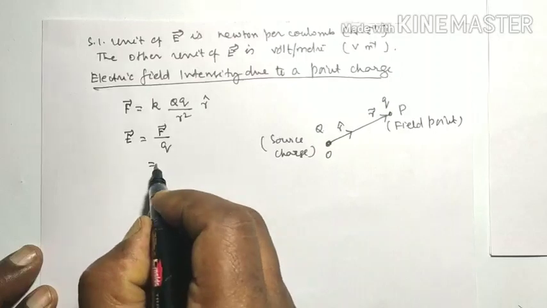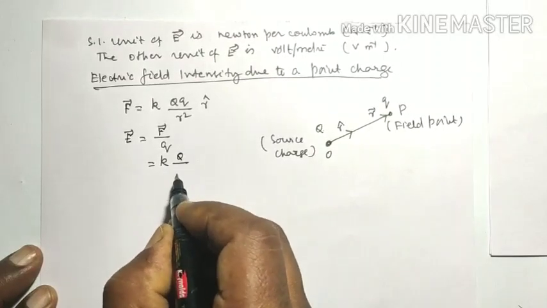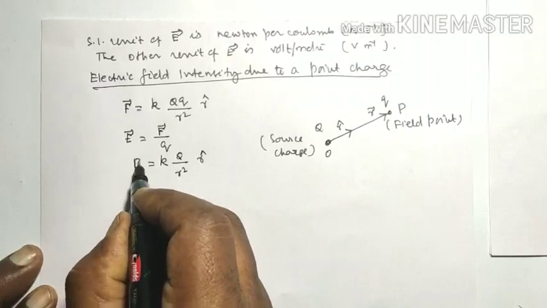So F by q is equal to k capital Q by r square into r cap.